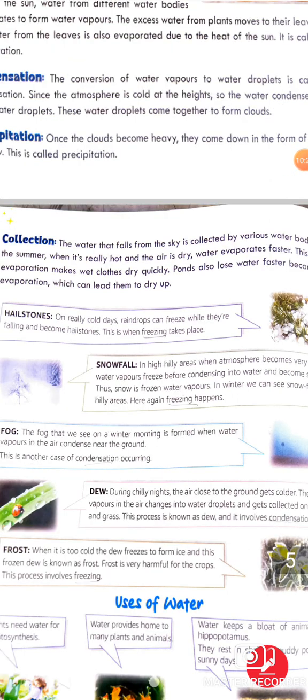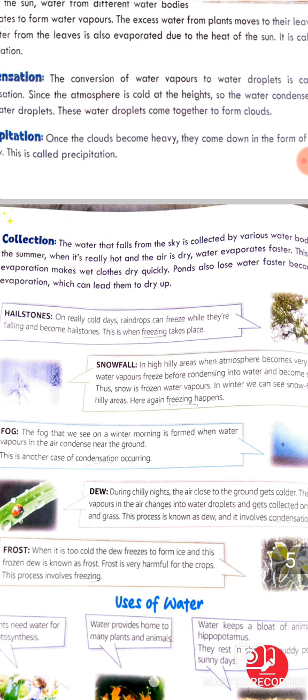Here we see that in hailstone the process is freezing, and in snowfall the process is also freezing. But in hailstone the raindrops, means the water droplets, change into small balls of ice, means liquid state changes into solid state in the form of ice.